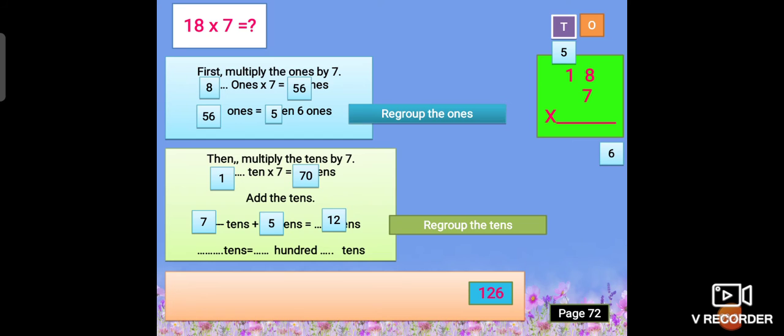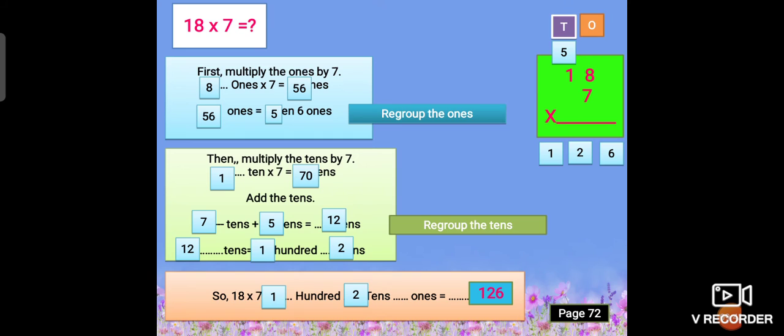Then regrouping the tens. So 12 tens means 100 plus 2 tens. So let's write down 12 as a result. Now, so 18 times 7 equals to 126. 1 hundred, 2 tens and 6 ones. So 126 is the result. Very well.